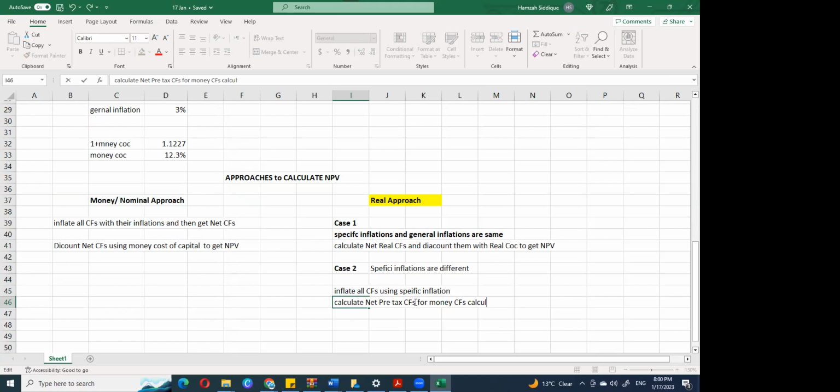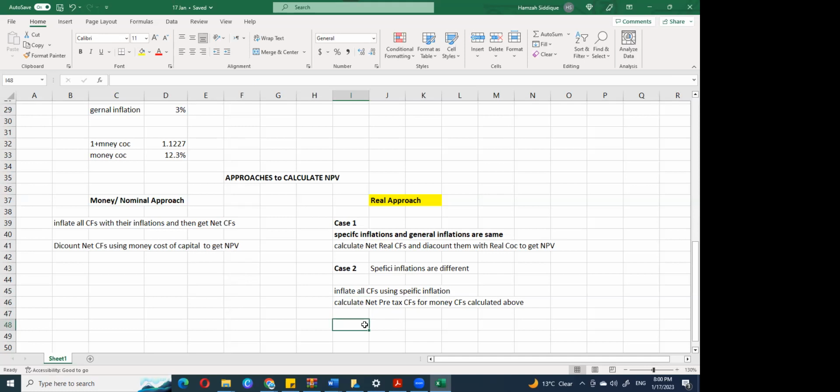You will understand it better when I will be solving it. Just note down right now. To calculate money cash flows calculated above.